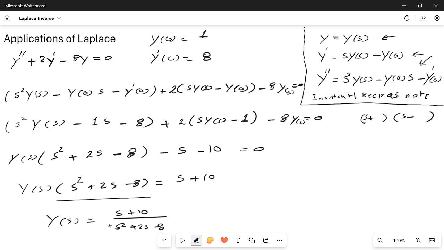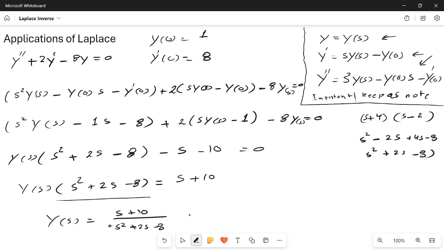To get 8, we have to multiply 4 and 2. So if we multiply these two brackets, we have s squared negative 2s plus 4s negative 8. So we have s squared plus 2s negative 8. We get the same as the denominator.